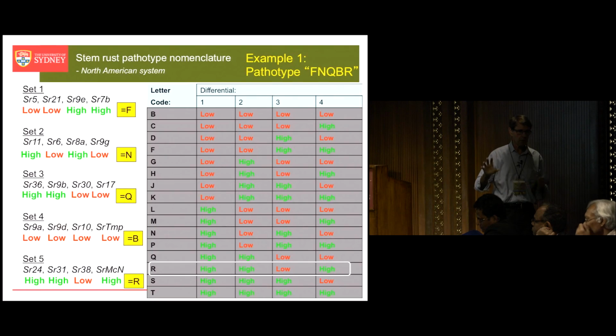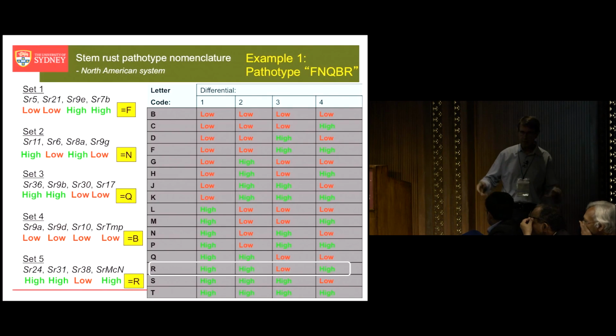So all we're using is 20 genes in the pathogen to characterise it. And of course stem rust has got more genes than 20. It's got lots of genes. I think the predicted number of genes in stem rust is over 2,000 based on genome sequencing. So we're only sampling 20 genes out of 2,000. All right? So we're only capturing a small amount of the variation.